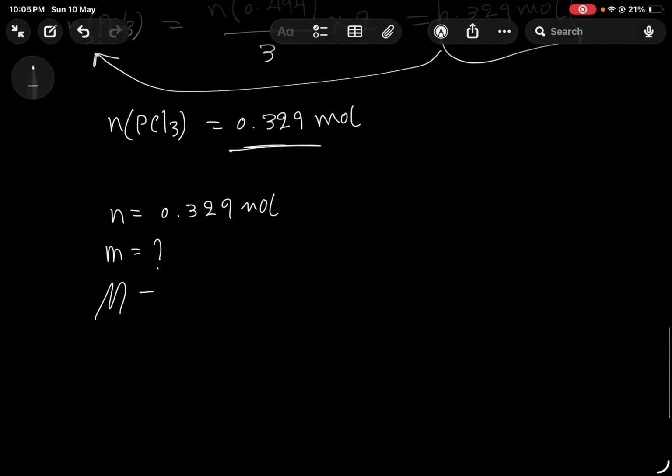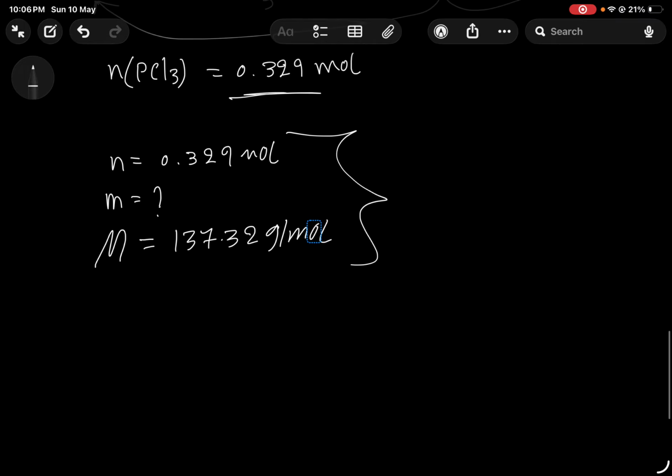The molar mass is, if you're trying to find the molar mass of a compound, you can look through the periodic table and then combine those terms to find the molar mass. In this case, this is going to be 137.32 grams per mole.